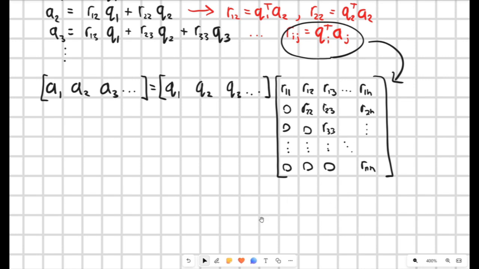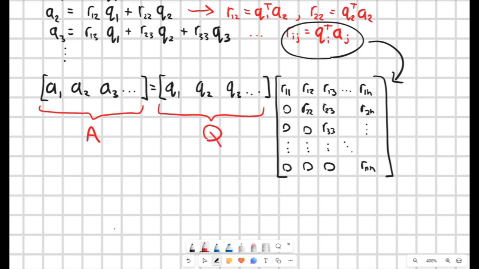So putting all of this together, we know that this is the matrix A. This thing is a matrix that we created out of the orthonormal vectors Q, so we're going to call that a capital Q. And this thing is, as you might have guessed, we're going to call R, this upper triangular matrix.